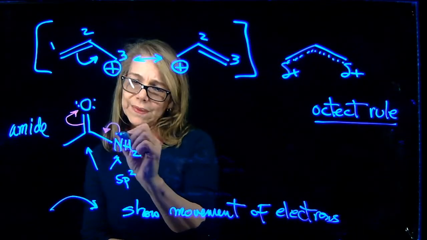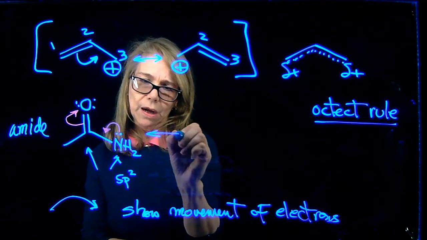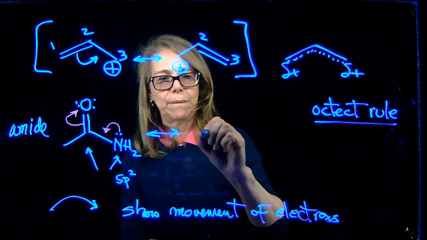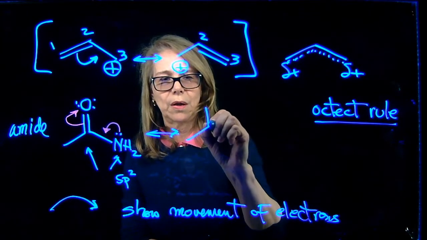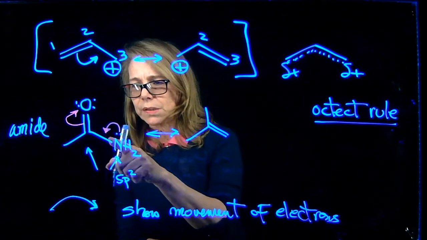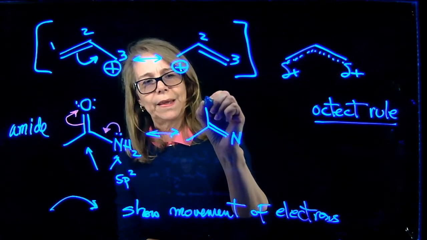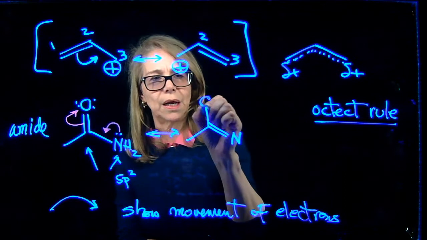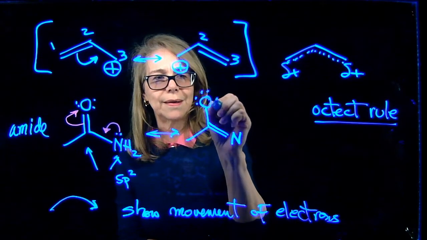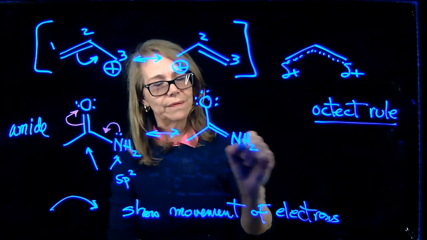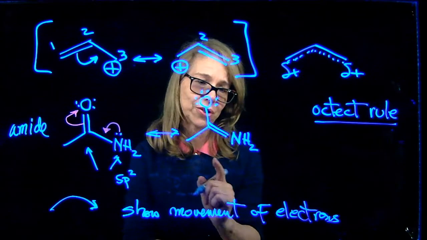Now, following the movement of electrons shown by the arrows in pink, I'm going to draw the resonance structure. And what I have here is a double bond between carbon and nitrogen, and now these electrons are assigned to the oxygen. And here we need to remember the concept of formal charges.